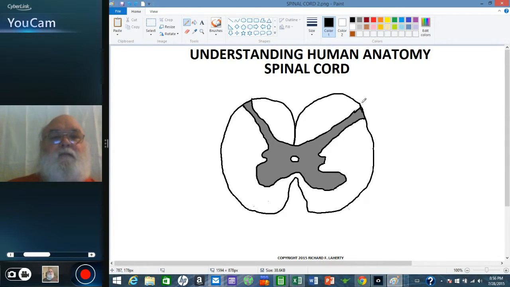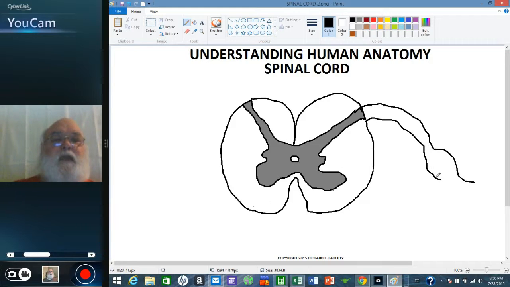Each spinal nerve comes off of the spinal cord as a root, or as several roots. And I'm drawing in here the dorsal root of the spinal nerve, like so.